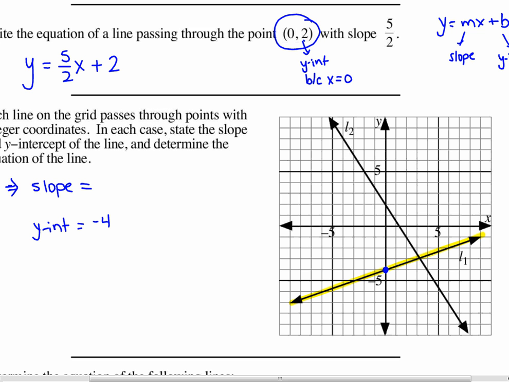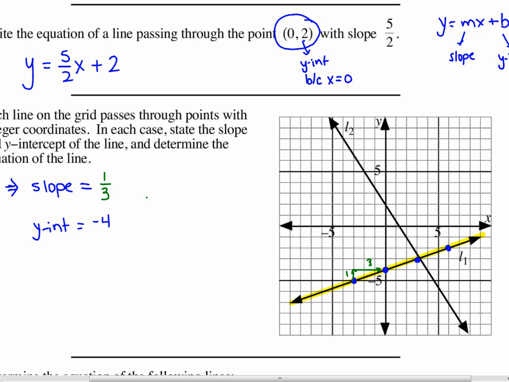You can use the y-intercept, and then it's up to you to find another nice one. I think here's a good one, here's a good one. What did you get for your slope? 1/3, good. You're going up 1, right 3. Maybe you went up 2, right 6, but it still reduces to 1/3.